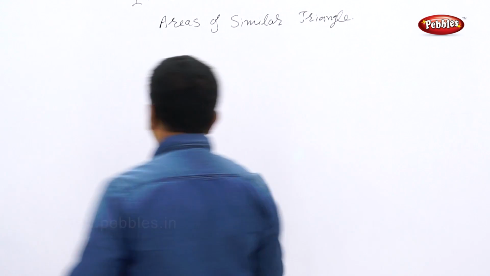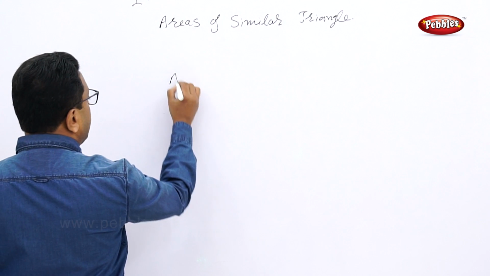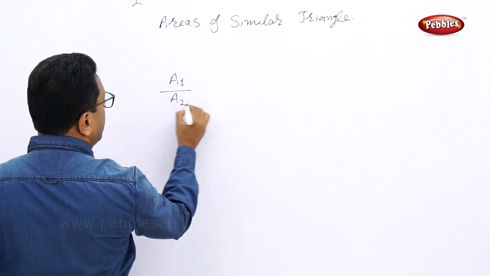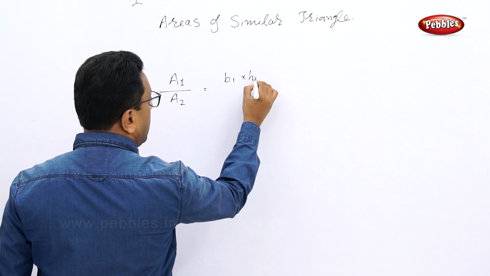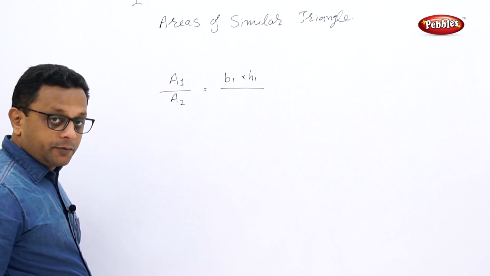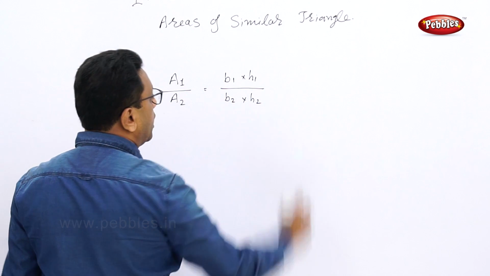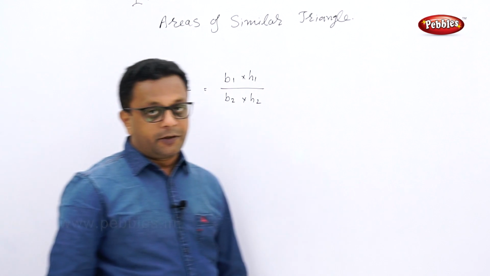For example, if two triangles are similar to each other, then the area of triangle 1 upon area of triangle 2 is equal to base of triangle 1 into height of triangle 1 upon base of triangle 2 into height of triangle 2. This is what we have already studied.